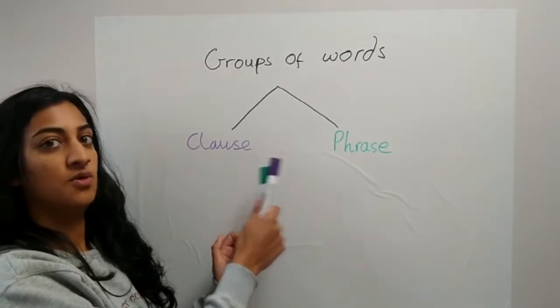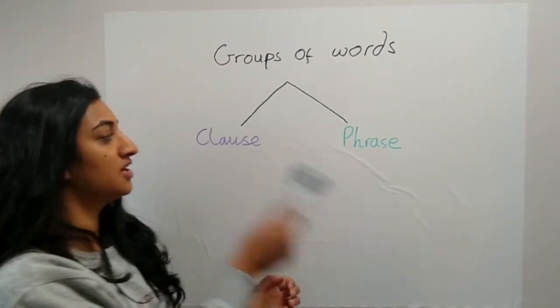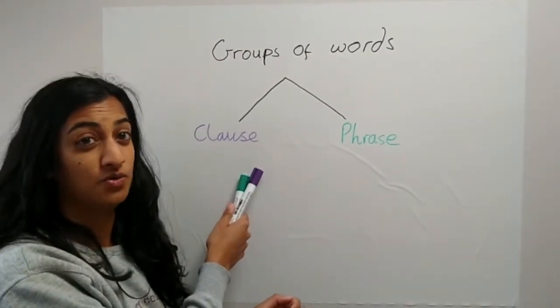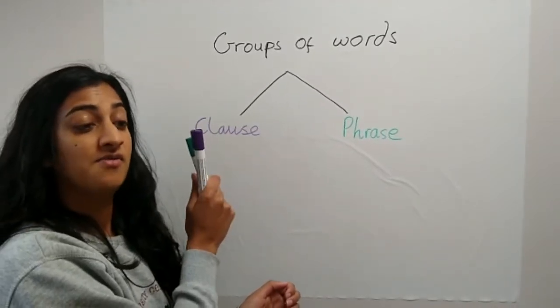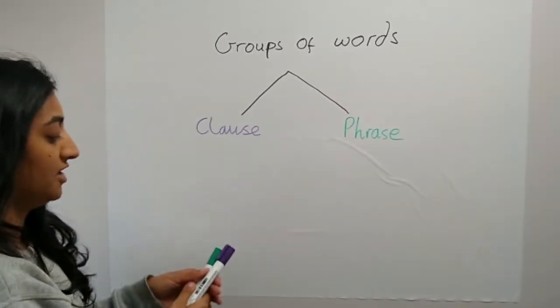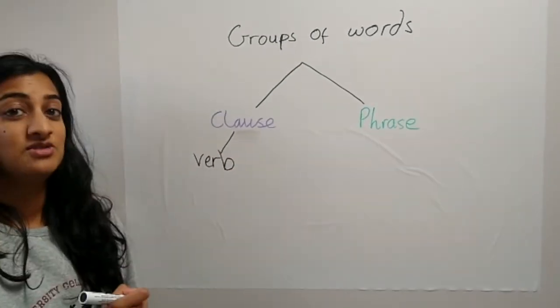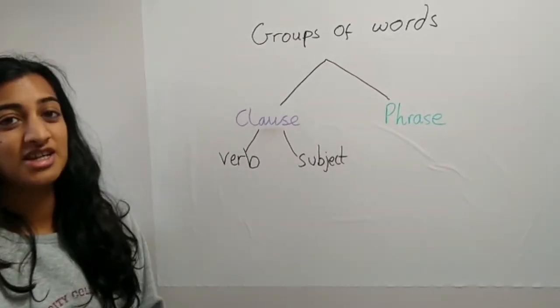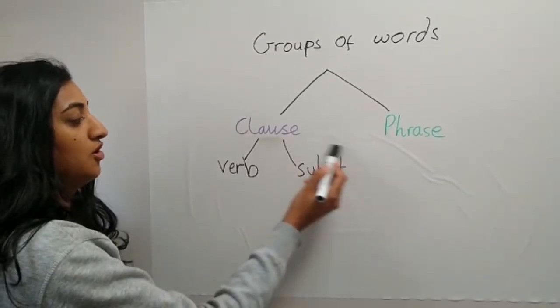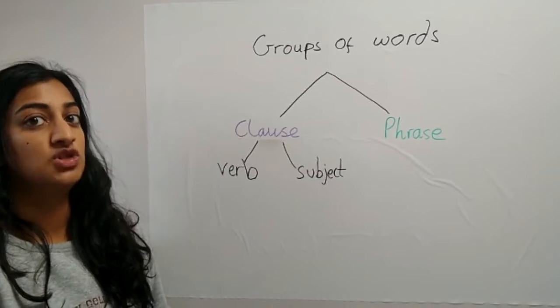You can have a clause or you can have a phrase. We're going to start by talking about what is a clause. The types of words that you must have in a clause is a verb, and you need something called a subject. The subject is just the name of whoever or whatever is doing the verb.